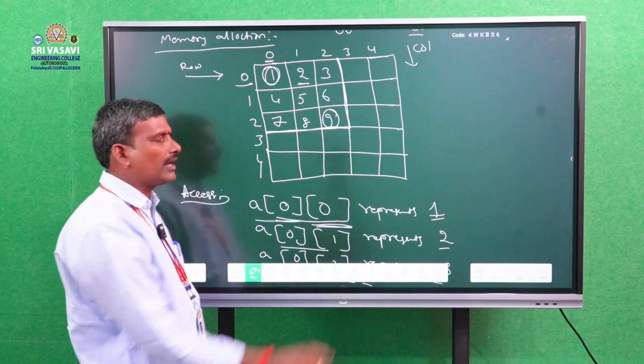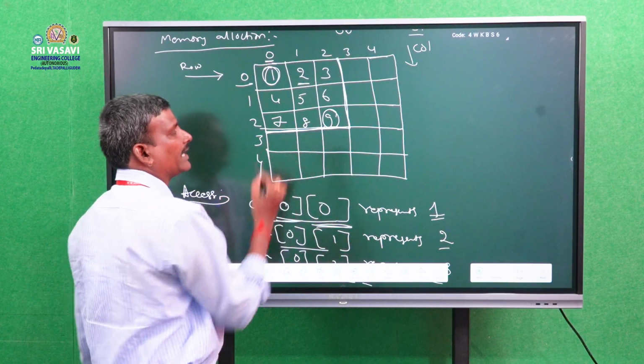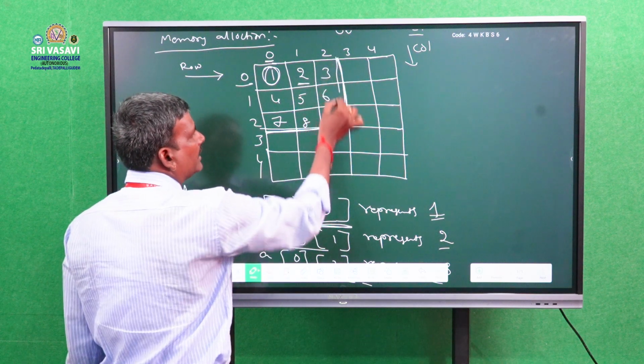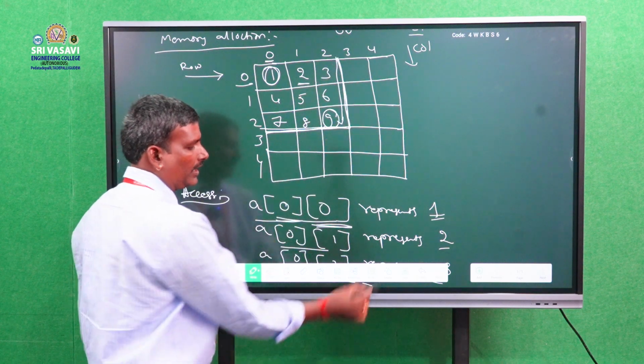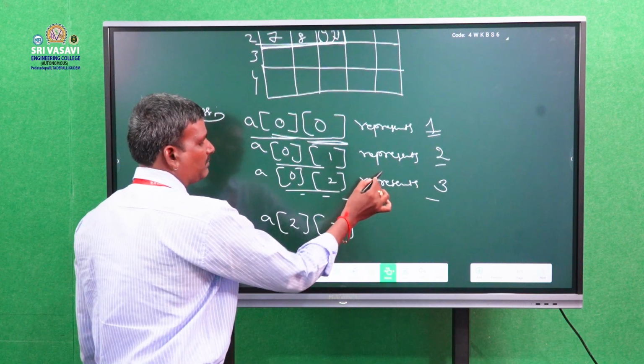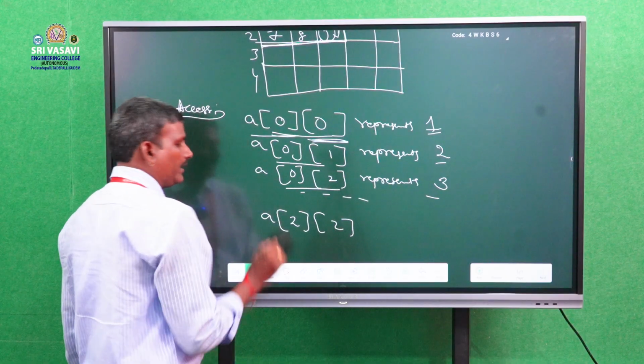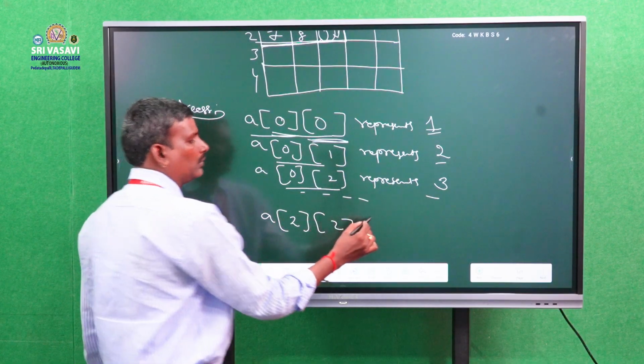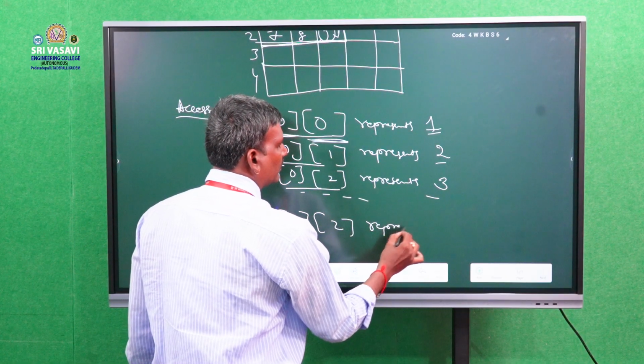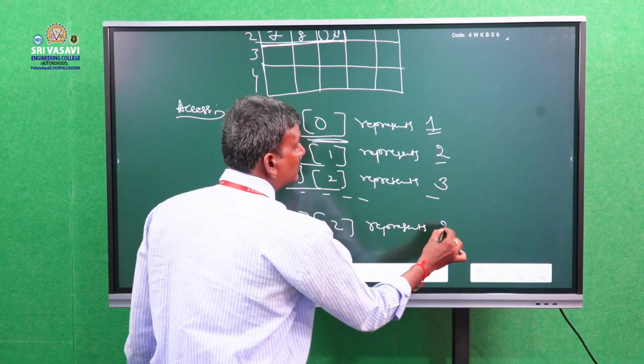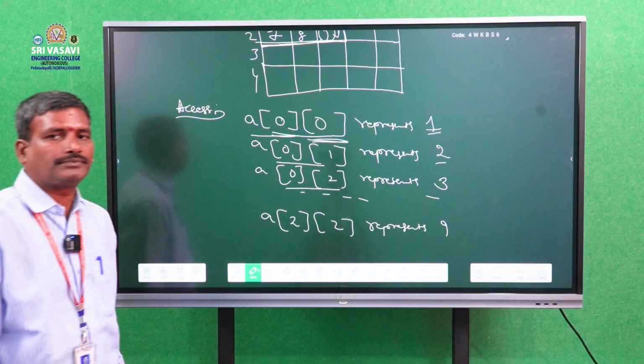Okay, value number 9 is placed at the second index row and second index column. So we want to display the value A of 2, 2 represents the value number 9.